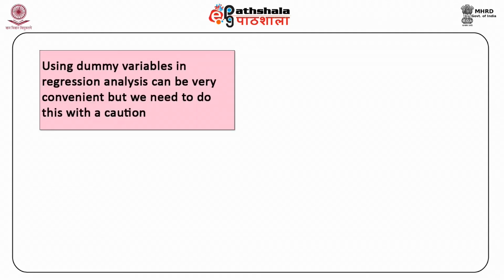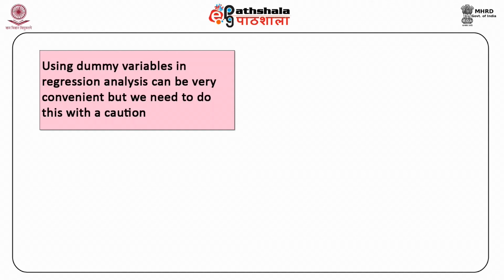Using dummy variables in regression analysis can be very convenient, but they need to be used with caution. In the above example, we had two categories of schools. Therefore, the question is, why not use two dummy variables, one for each type of school?